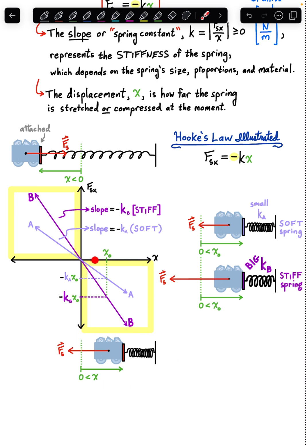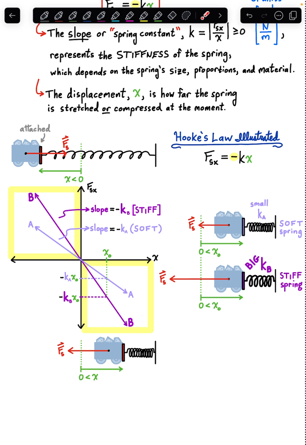When the displacement is a positive number, that is, say the spring is displaced to the right, of course the spring is going to be exerting its force on this mass to the left. The spring is pushing the mass to the left because the spring is trying to restore itself to its original position. The spring is trying to get its left end back to this location, x equals 0.